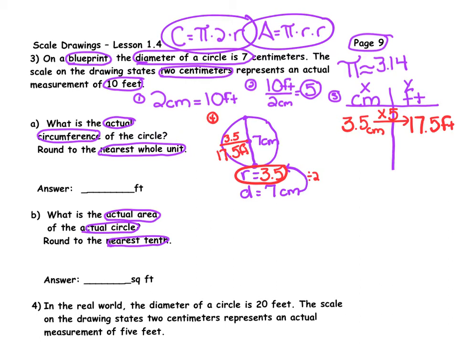Now that we have the radius length that we're going to use in the formulas, let's construct a t-table. Let's calculate circumference here and organize our workspace.